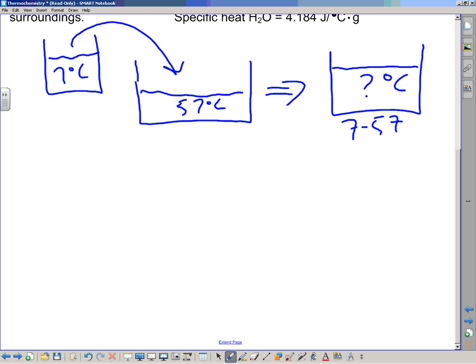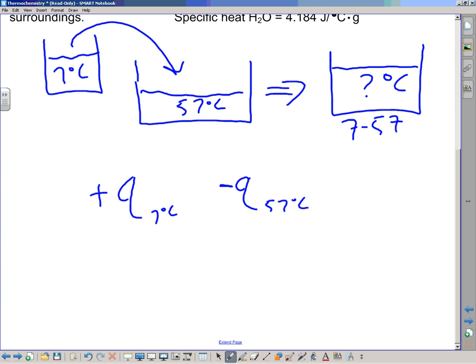All right, so we're going to have the Q for the 7-degree sample and the Q for the 57-degree sample, yes? The 7-degree sample is going to increase, and the 57-degree sample is going to decrease.